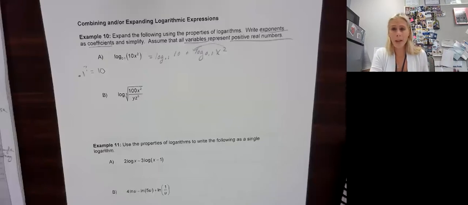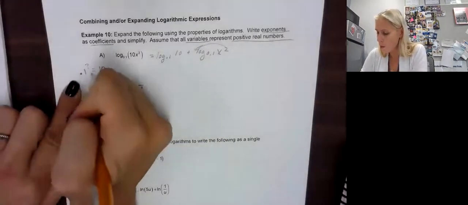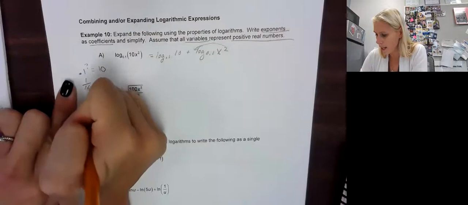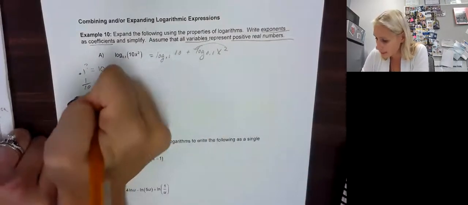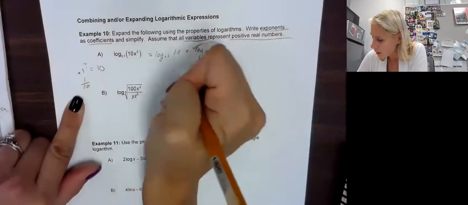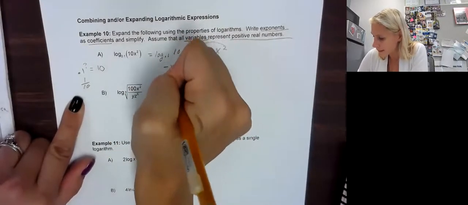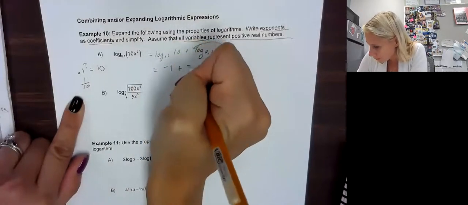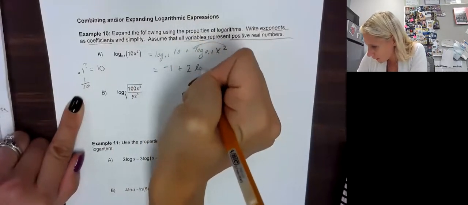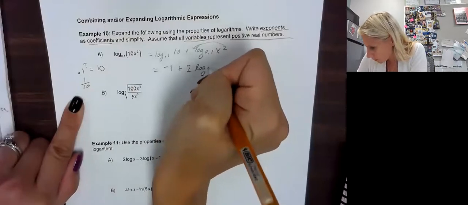Of course, guys, I'm having a brain fart right now. 0.1 is 1 over 10. Well, how do you make 10 into a fraction? That's 10 to the negative first, so that means this is -1. And then we put that 2 out in front, and now we've qualified for everything it wants us to do.